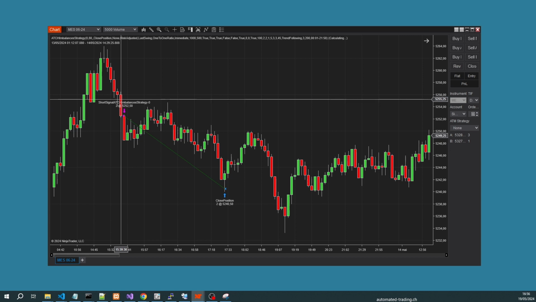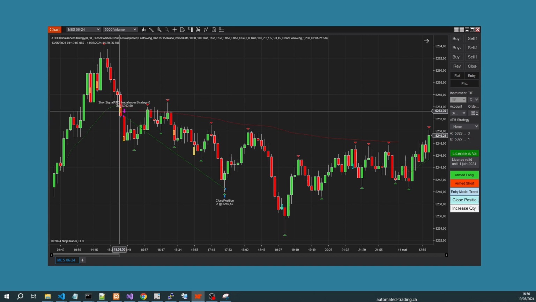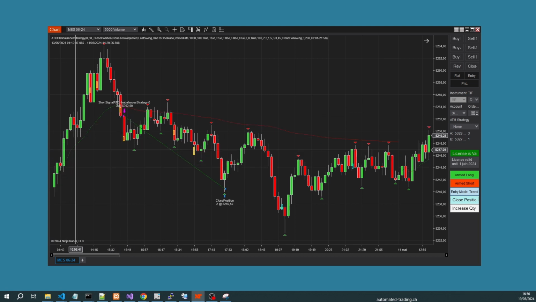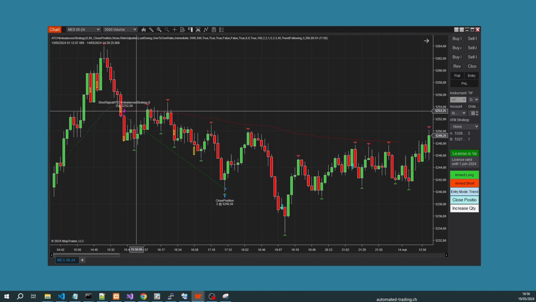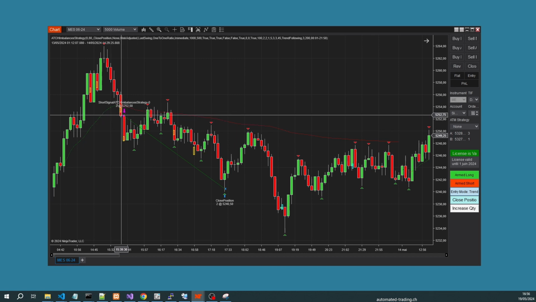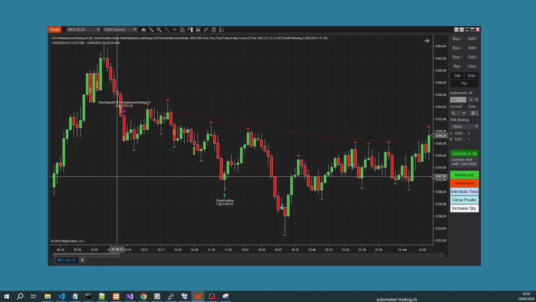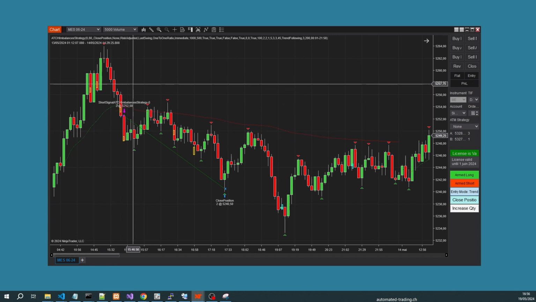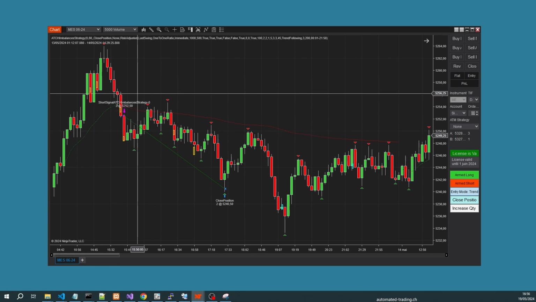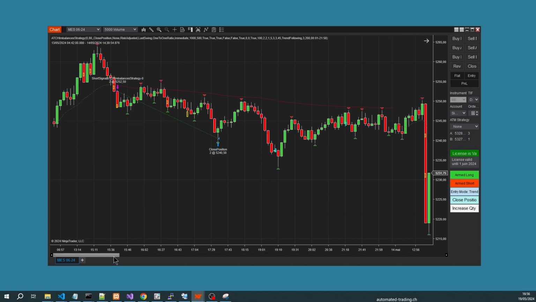Okay, so you see that in this mode the position was opened immediately after we detected the stacked imbalance. And of course, if you enable the VWAP filter, the VWAP is displayed here. So we only open short positions when we are below the VWAP, and only buy positions if we are above the VWAP.